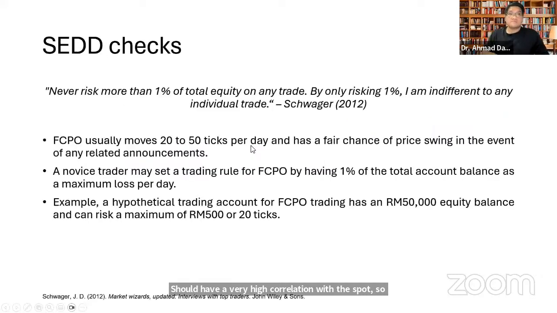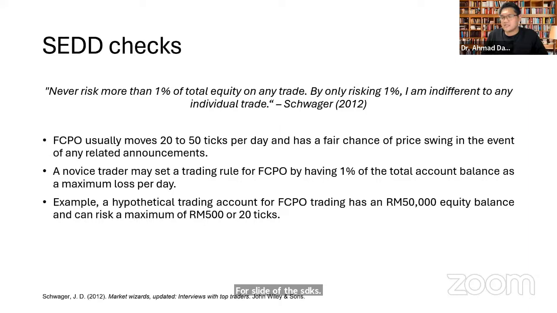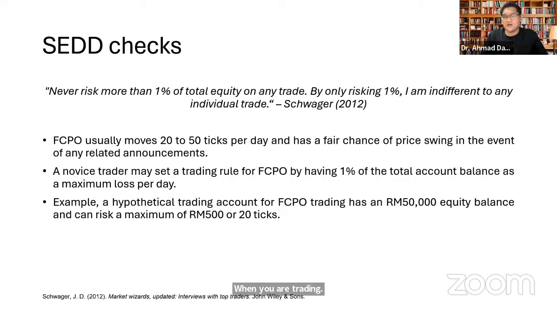Okay. Now, first slide of the SDD checks. According to Schrager, you must not risk more than 1% of your money when you are trading. For example, FCPO on a normal day will move between around 20 to 50 ticks.